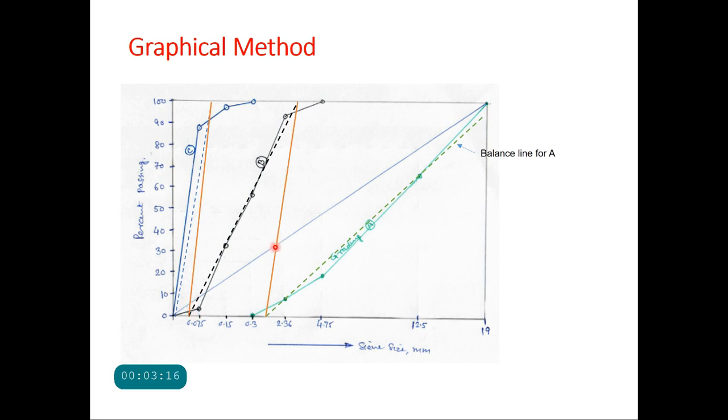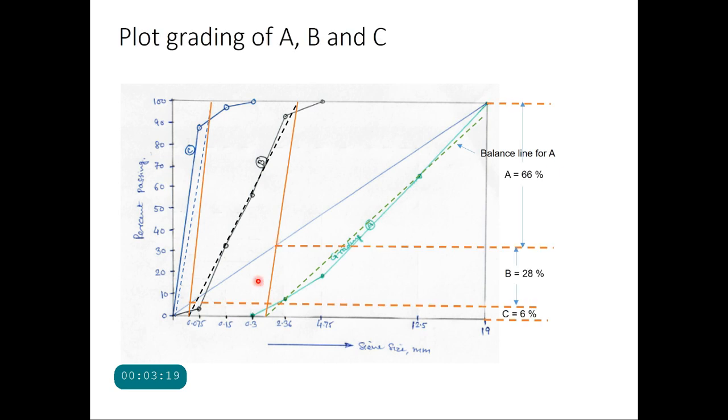This point will represent the proportion of aggregate C in the total mix, this will be the proportion of aggregate B, and this will be the proportion of aggregate A. That is how this method is used to determine the proportion of different types of aggregates in the mix to achieve the desired grading. And if you use these proportions, you will see that the obtained grading follows the desired grading.